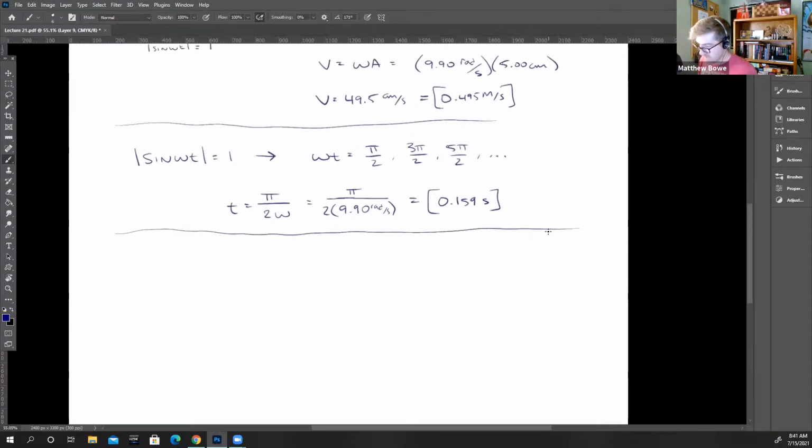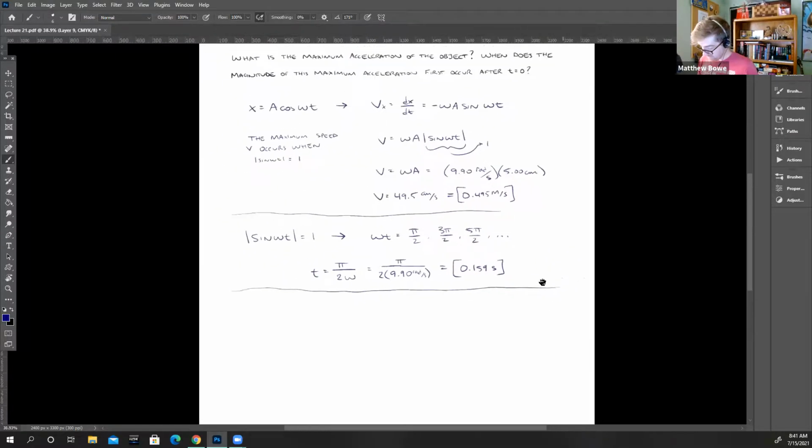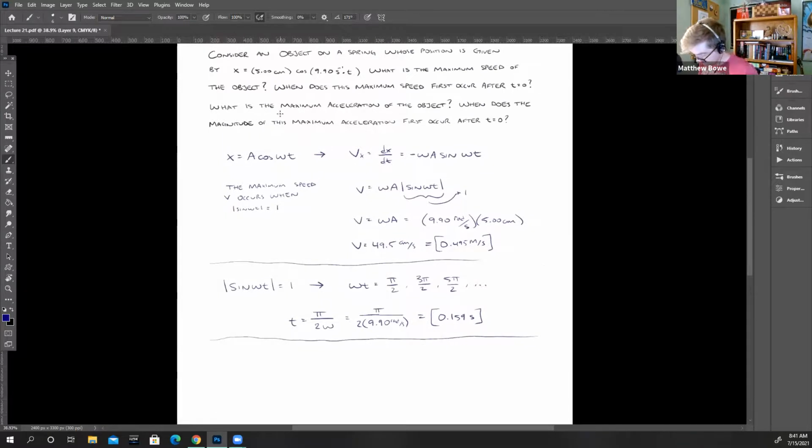All right. Next up, they wanted to find the maximum acceleration of the object.